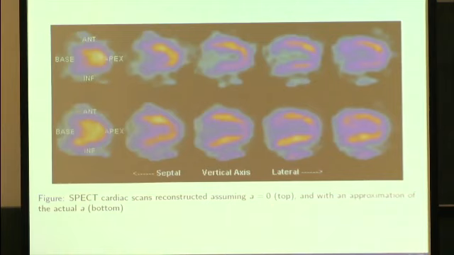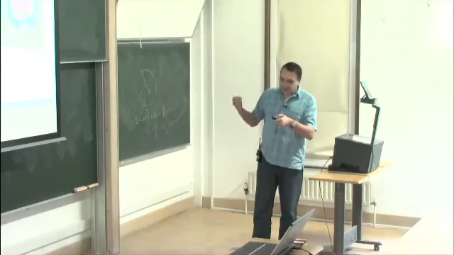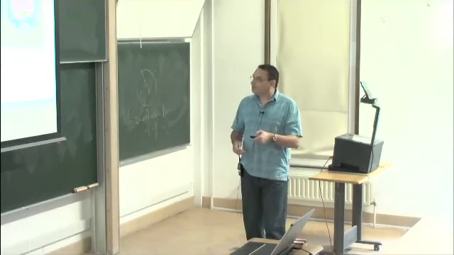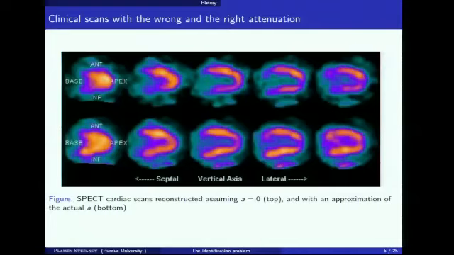But applied people, of course, this cannot scare them. They'll produce some image anyway. So this is the image with the wrong A. And this is the image with A which is close to the actual one, somehow approximated. So you see some differences here. For example, this is almost absent from those images. So it makes sense to try to have the right A, of course.